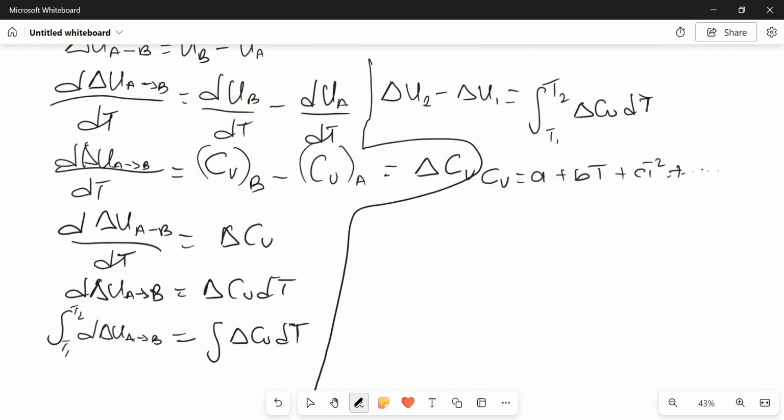So this is what CV is. But what we have here is change in CV, so we can say our change in CV is equal to change in A plus the change in BT plus the change in CT square and so on and so forth.